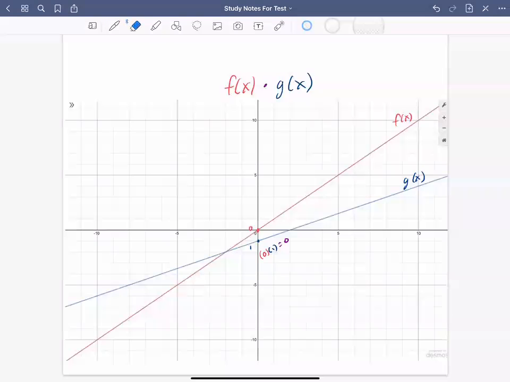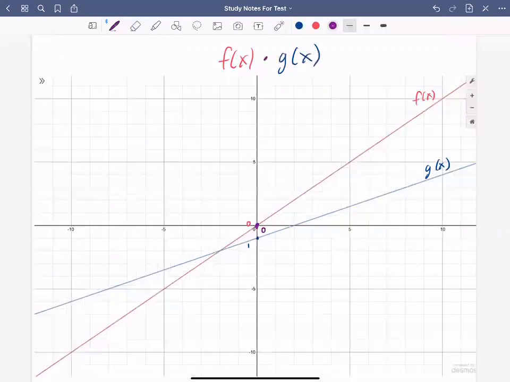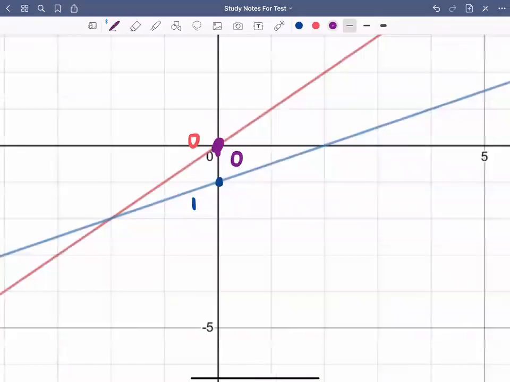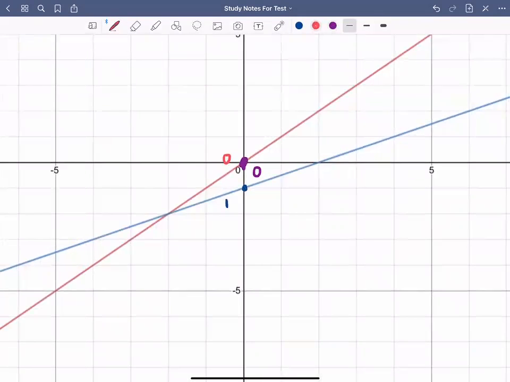So our first point is right here at 0. Sorry, I could have zoomed in on that. Then next we're going to go here. Let's say our red is at 2 and our blue is at 0.